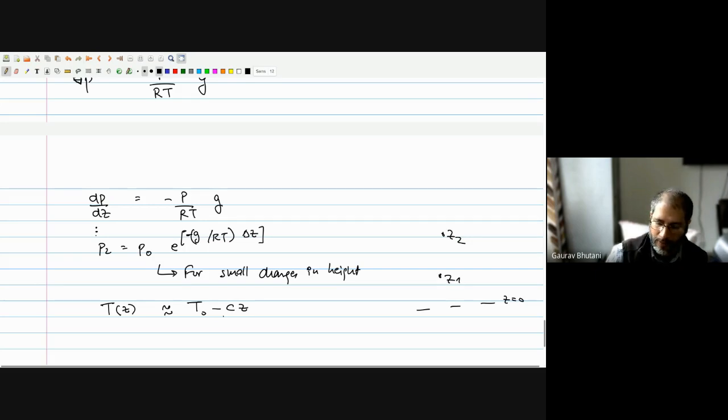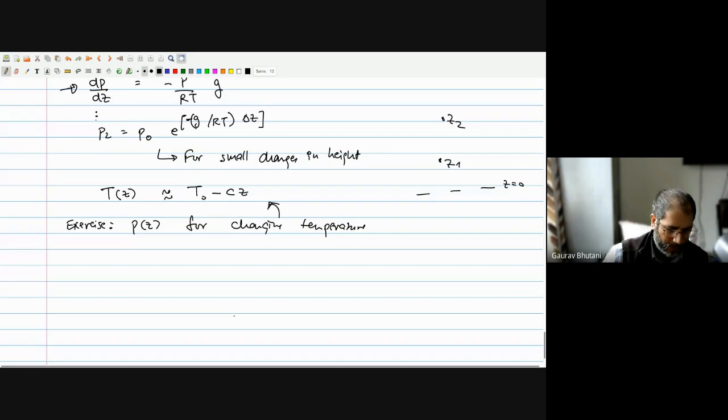If you substitute this relation, you can solve this differential equation for a larger change of heights. So I'll leave it as an exercise to find P as a function of z for changing temperature, like this, where C is a known constant. This will help you exercise your differential equations a bit further. Now T0 is the temperature at z equal to 0, that's the sea level temperature.